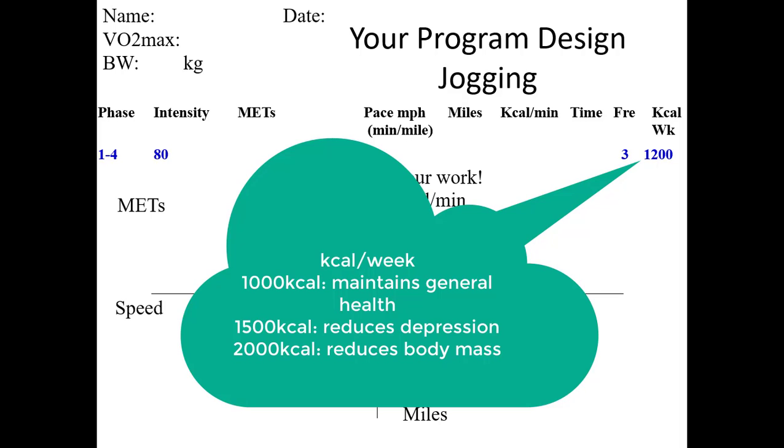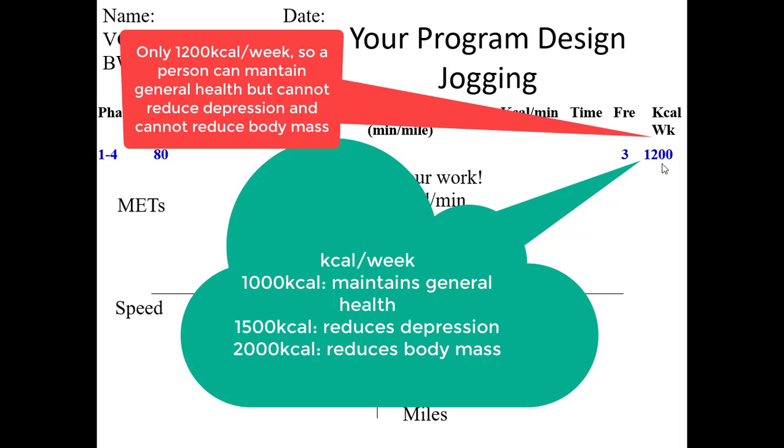So I think this person decided on 1200 kilocalories per week. It means this exercise program can improve or maintain your health, but cannot really reduce depression because the kilocalories are not really enough.